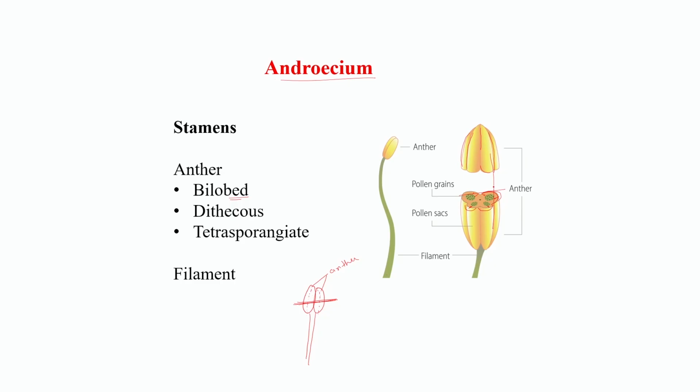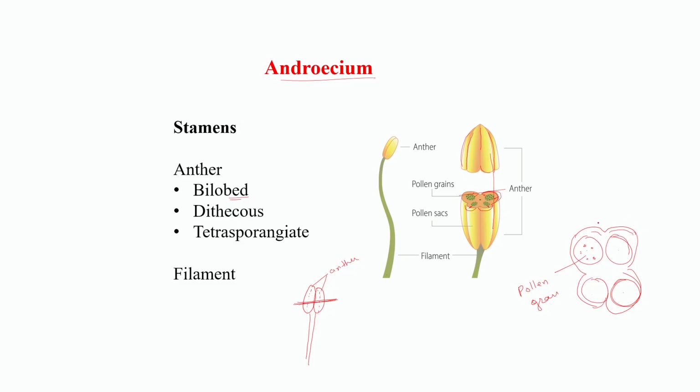So when you cut and see the transverse section, you will basically see four chambers. Inside these four chambers you will see four sac-like or bag-like structures in which pollen grains will be present. You can see here that this is the pollen sac, and it has a lot of walls also.